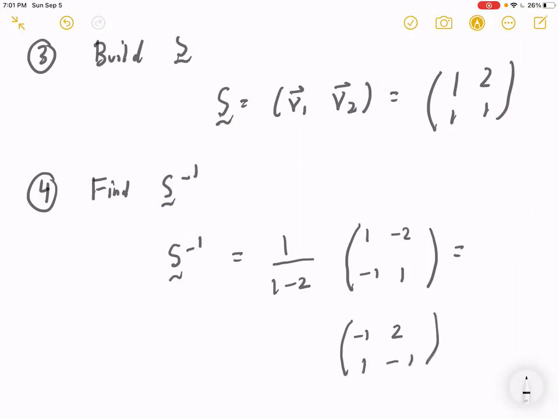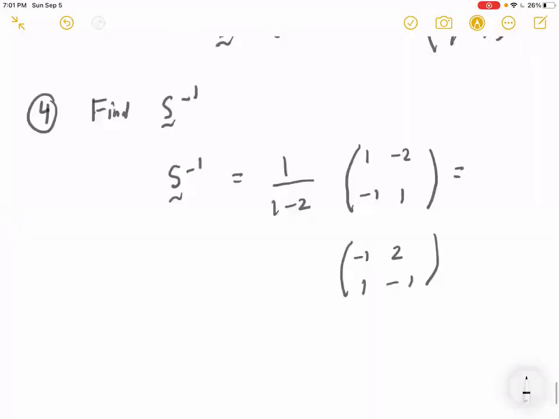So it is useful to, in fact, check this. So the inverse of S times S, let's see what this is.